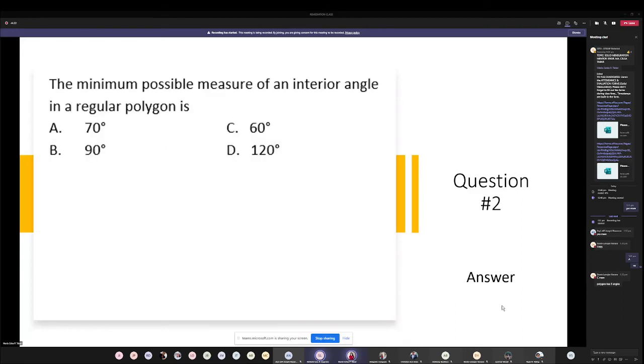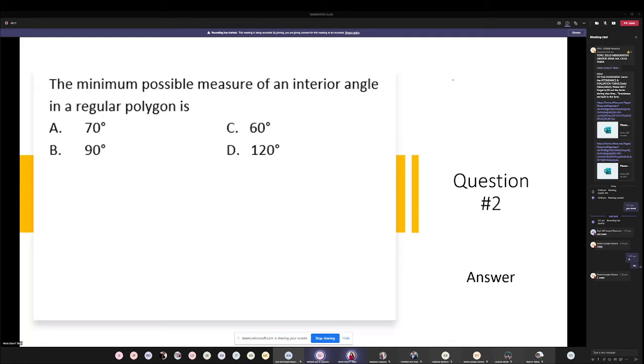Next. The minimum possible measure of an interior angle in a regular polygon is, okay, there's a property that I have not mentioned earlier: for the interior angles, the pattern is the higher the number of sides of a polygon, the greater the measurement of each interior angle.